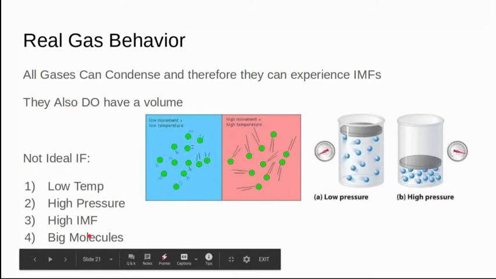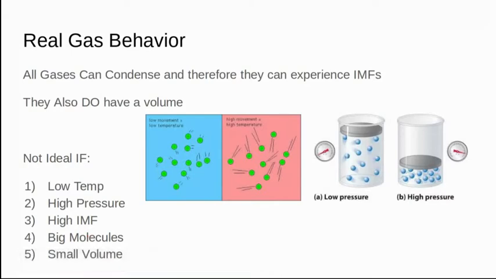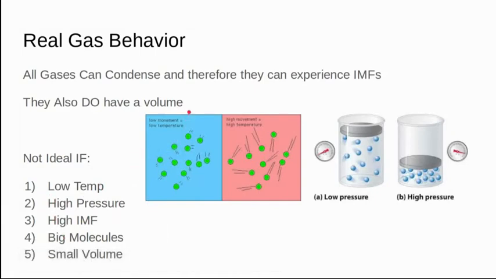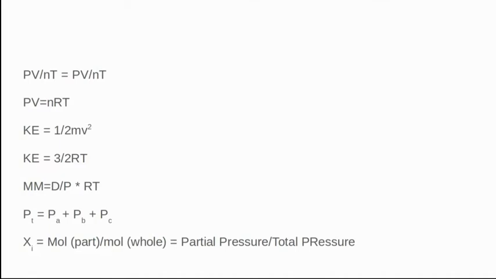This is why we always say it's an ideal gas when we use PV = nRT and assume that these things aren't affecting it. You just have to know that these 5 things are affecting a gas, and this is what a real gas does. But for the sake of doing calculations, we're going to pretend like there's no force between them and they're completely independent.